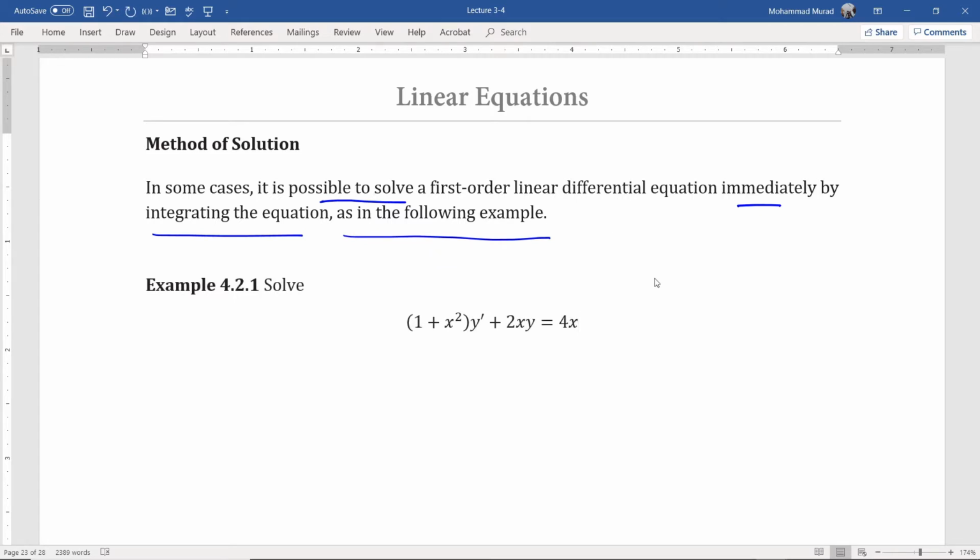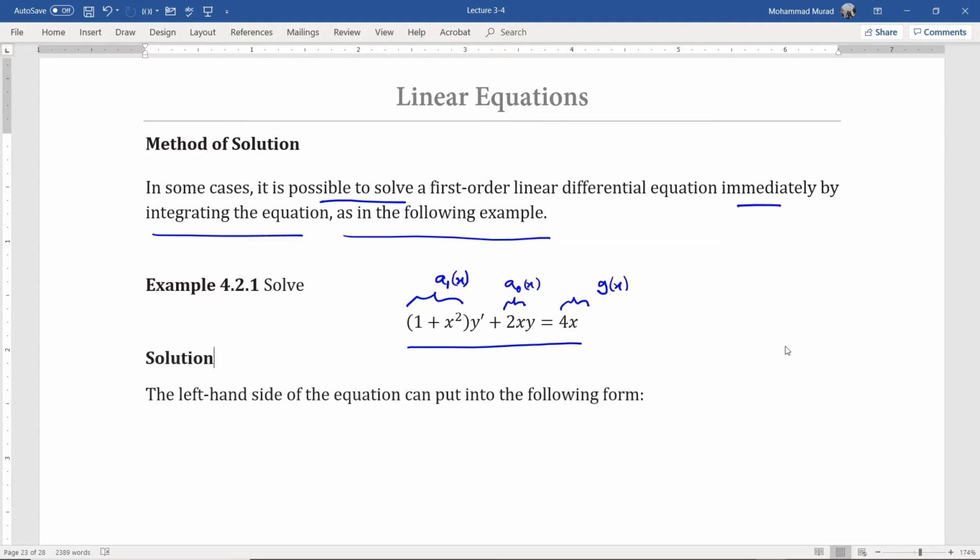Consider the following first-order linear ordinary differential equation, where we identify that a sub 1 of x is the term 1 plus x squared, and a sub 0 of x is 2x, and the right hand side is simply g of x.